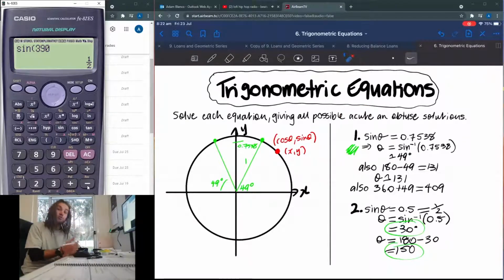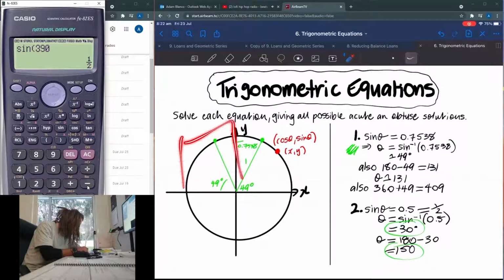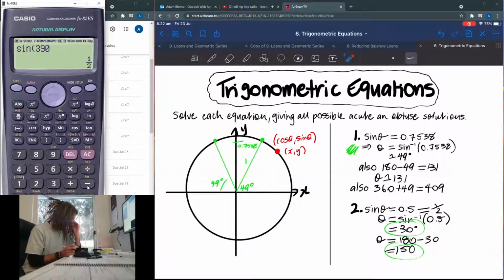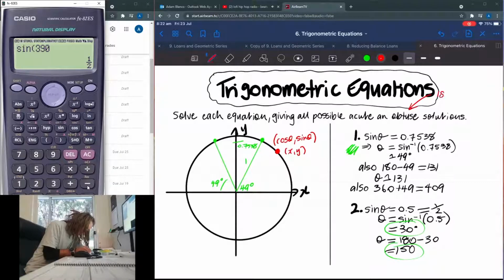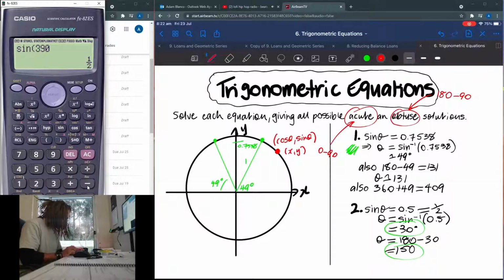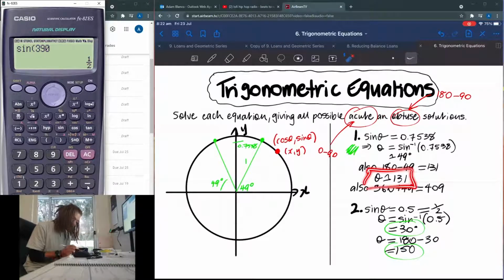If it asks me for an obtuse solution, that means it's got to be here, and my angle has to be between 90 and 180. Maybe I'll write that. So this means between 90 and 180, and this means between 0 and 90. Acute and obtuse. If it asks for a specific one, so if it asks only for the obtuse angle, then you would have to say, okay, it's this.